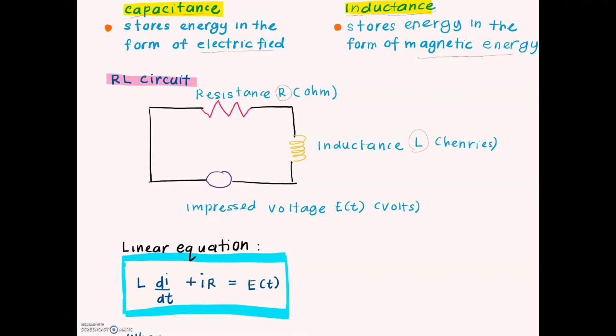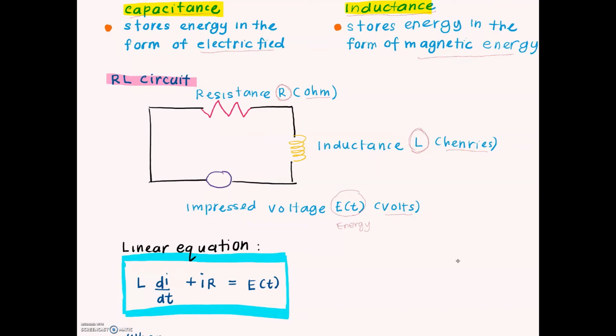The resistance will be represented as R, and the inductance will be represented as L. Another one is the voltage or energy, which we represent as E. R is in the unit of ohms, L is in the unit of henries, and E, the energy, is in the unit of volts.